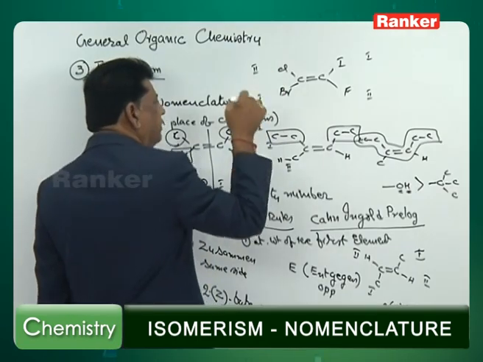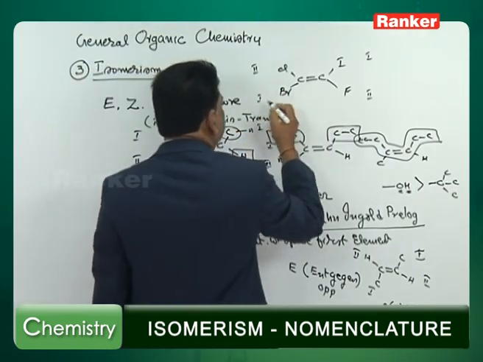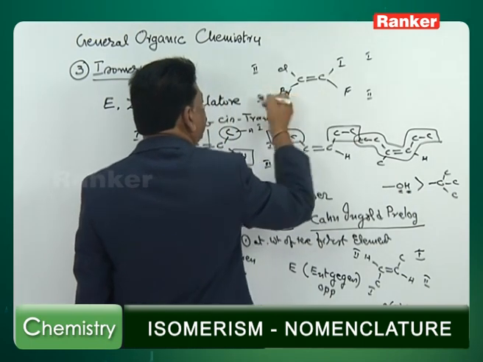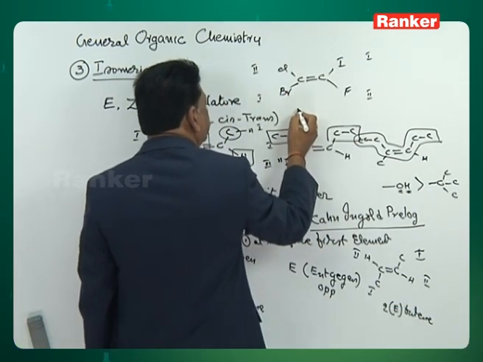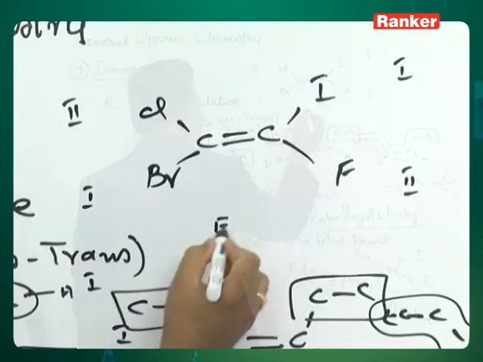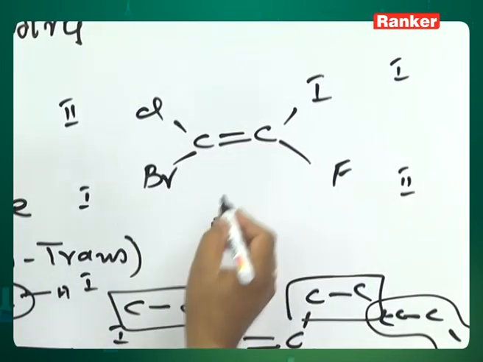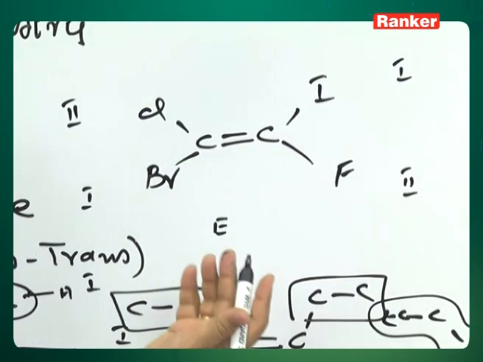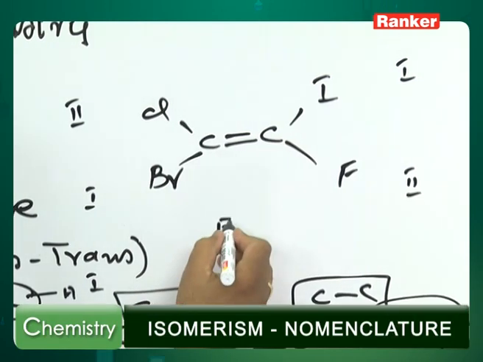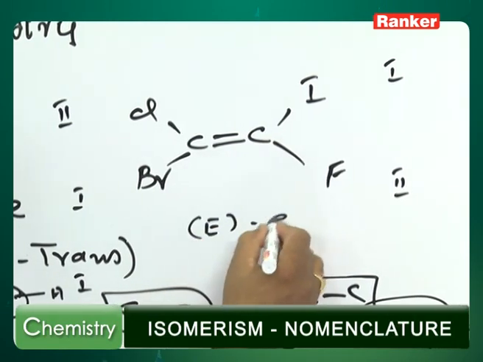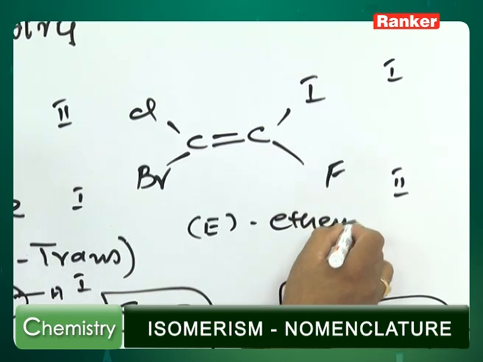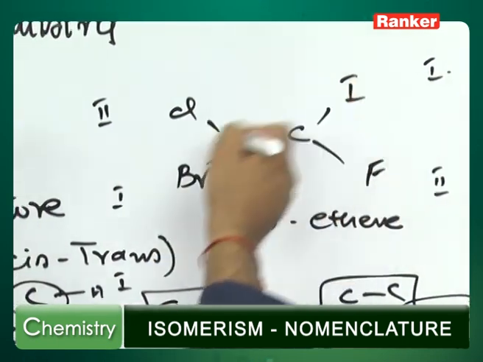Therefore, the 2 number 1s are opposite, so we give the E configuration. At which carbon? It is ethene only, so the number need not be said. It is E-ethene, having the number 1 groups opposite.